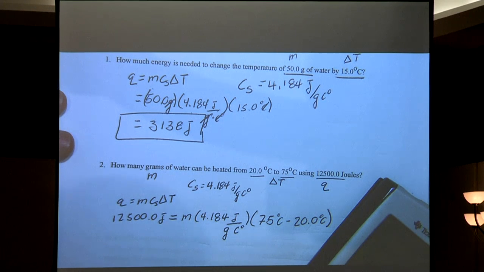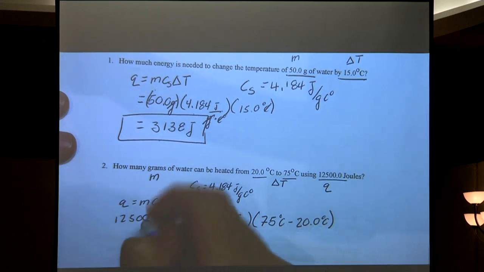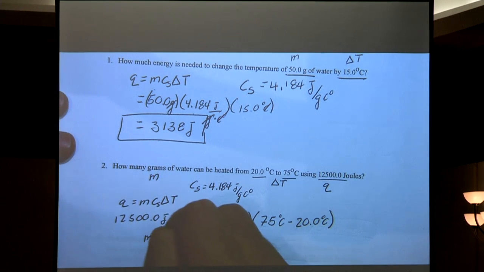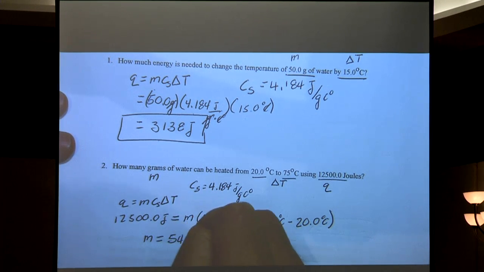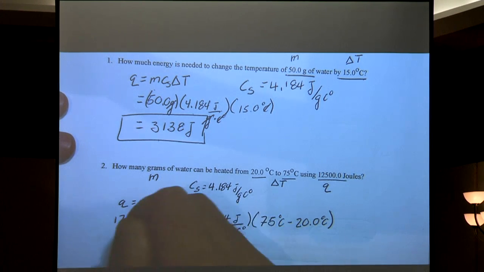I get 55 times 4.184, which is about 230. So I'm going to do 12500 divided by my answer, and I get my mass, 54.331 grams.